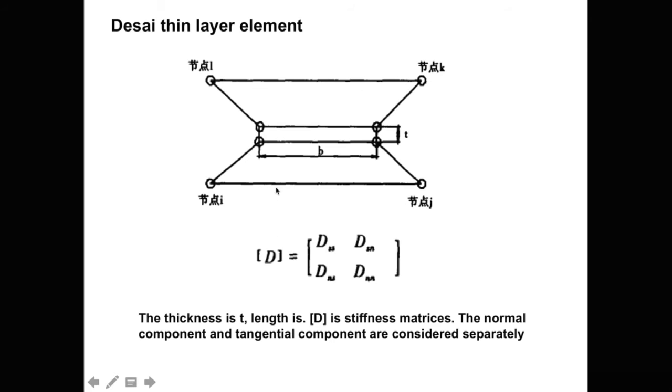Then the stiffness matrix includes DSS, DSN, DNS, and DNN. The thickness is T, and the length is B here. In this stiffness matrix, the normal components and the tangential components are considered separately.